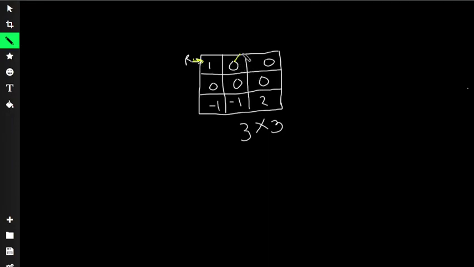These zeros are nothing but your empty squares, and these -1s are obstacles. And this is your target 2. Now the robot can move in 4 directions, that is up, down, right, and left. So these are the 4 directions the robot can move.